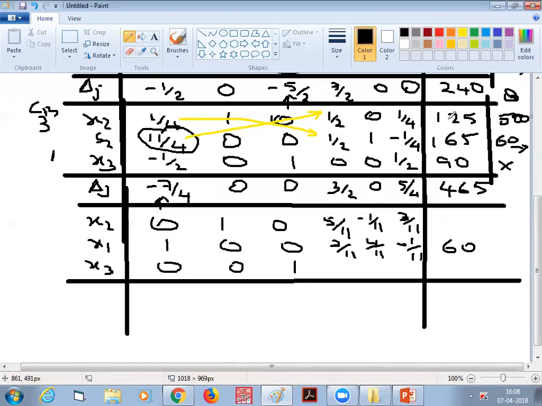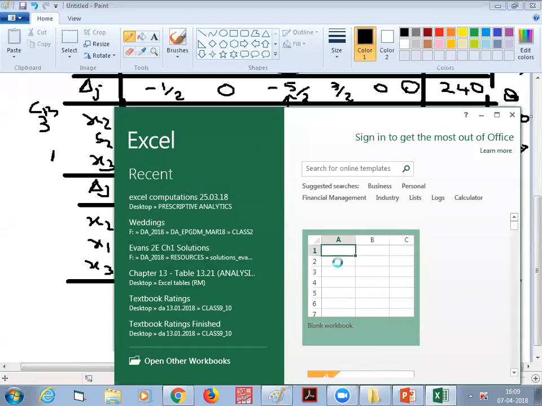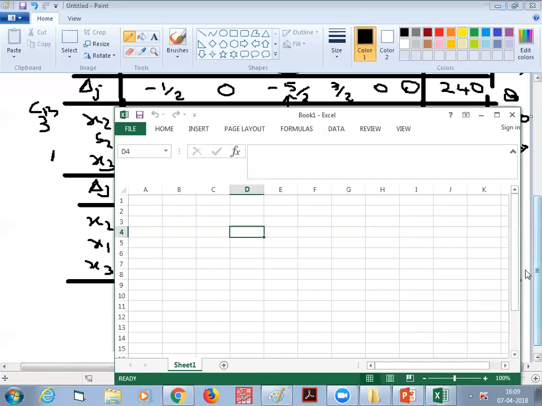Okay. Last one is 11 by 4 into 125, minus 1 by 4 into 165. So 11 into 125 minus 165. How much is that? Okay, we'll do it in Excel over on this side. Anyone happens to have a calculator? No? Okay. Doesn't matter. I'll keep the denominator same, so 4 is the denominator.